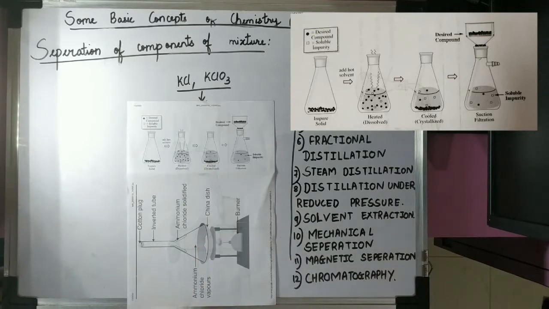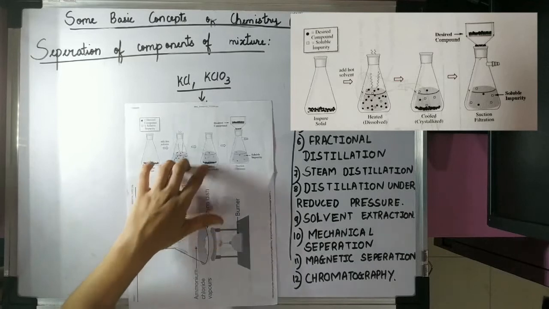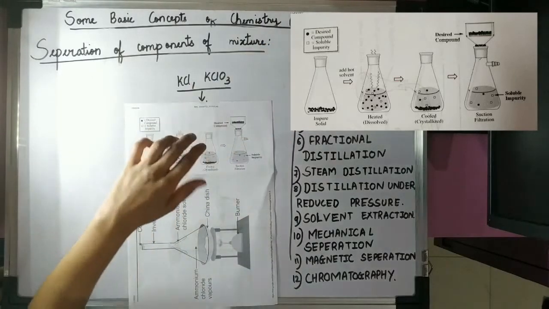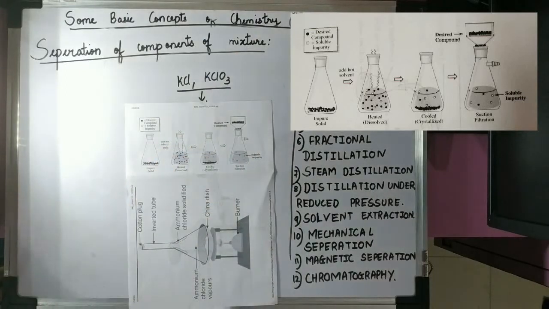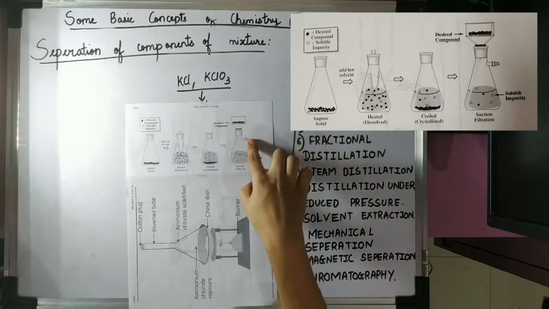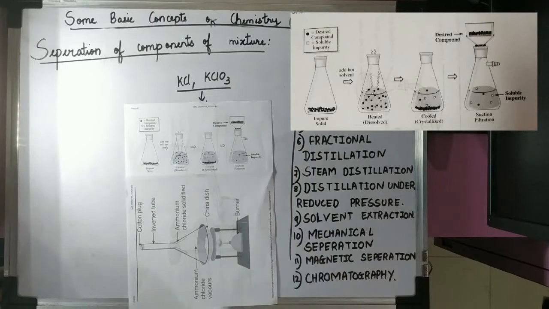When it is crystallized out, as I was telling about the first method, which is filtration, we can then filter the desired compound, KClO3, using suction filtration. Suction filtration is the same as filtration, the only difference being that we use a vacuum pump so that the separation rate is faster.